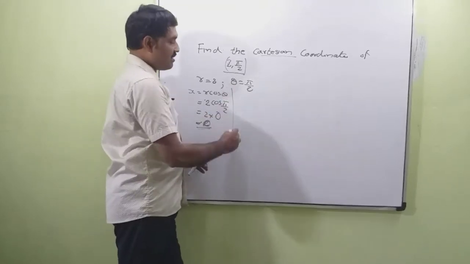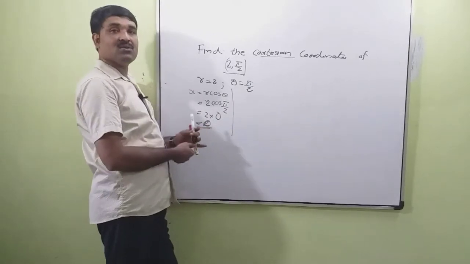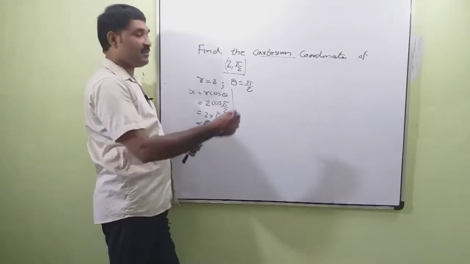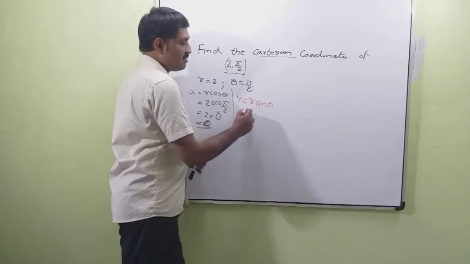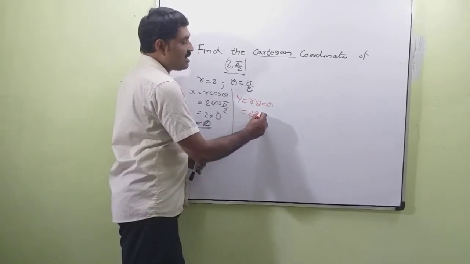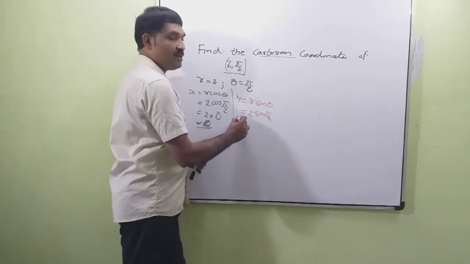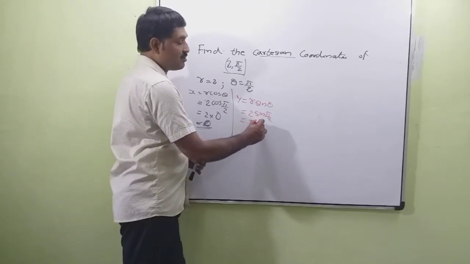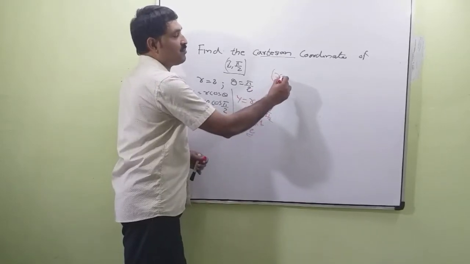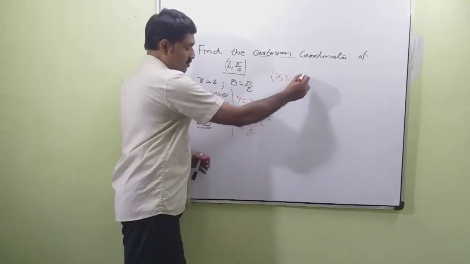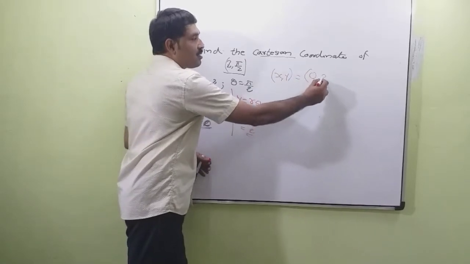And y is equal to r sin theta, that is 2 sin pi by 2, that is 2 into 1, equal to 2. So in Cartesian coordinate system, (x, y) is equal to (0, 2).